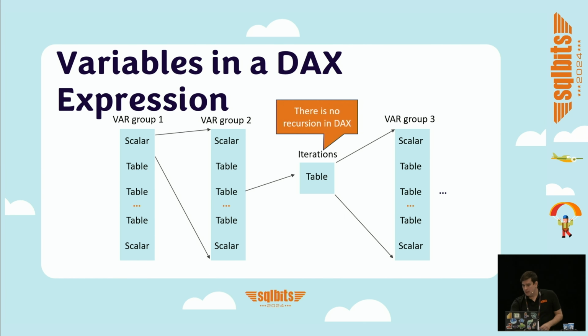In Power Query, it was not the default, but we had the possibility to use List.Accumulate or List.Generate to apply recursion or soft recursion. Here in DAX, we simply don't have that.